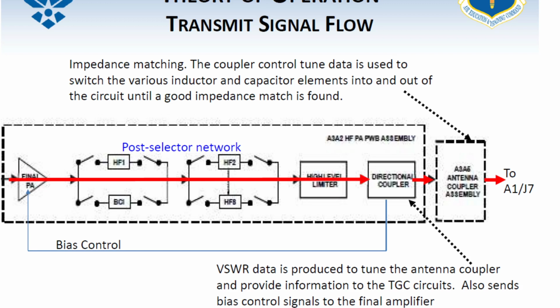Okay, we're going to go to our directional coupler next, because the high-level limiter does exactly what it says it does. It limits high levels from getting through the radio, as in our VSWR, which is your voltage standing wave ratio. Our directional coupler's job is it takes that VSWR data, it produces it, and it helps tune the antenna coupler.